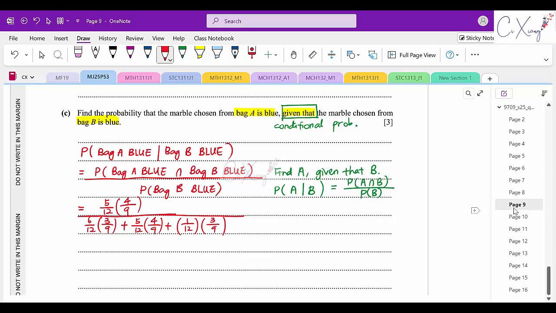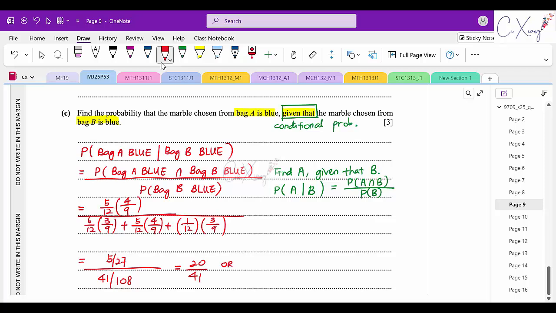Okay, then just make sure that you don't make any careless mistake when pressing the calculator. Numerator value is 5 over 27. Then for the denominator, it should be 41 over 108. Okay, so simplify this fraction. Eventually, the answer should be 20 over 41.